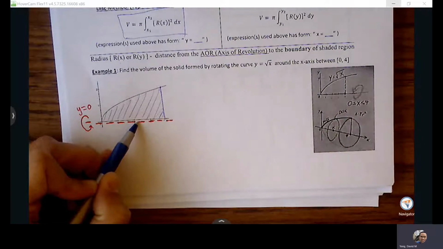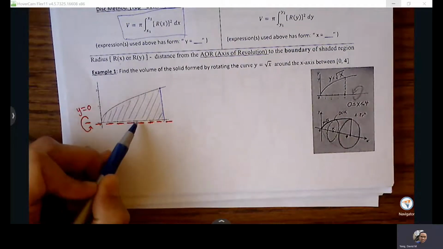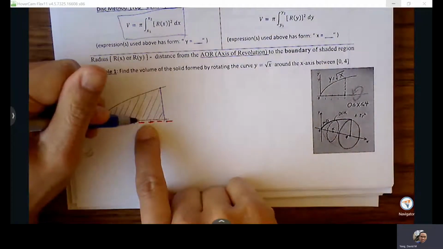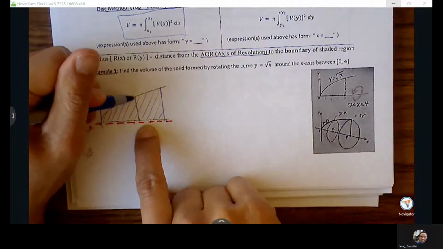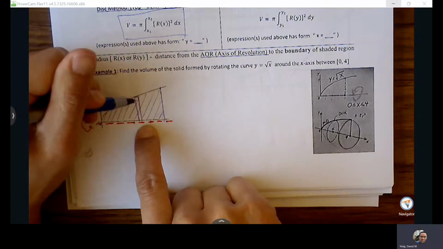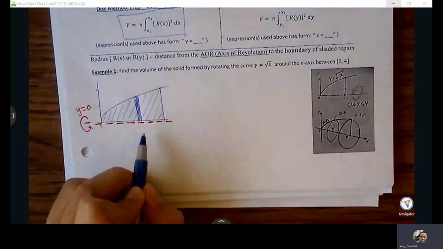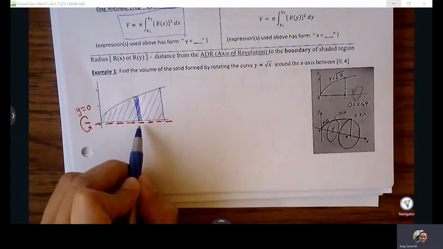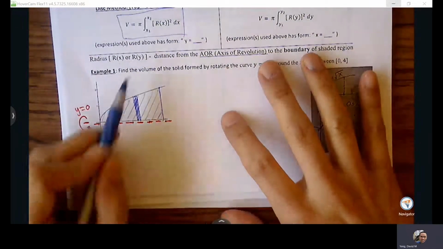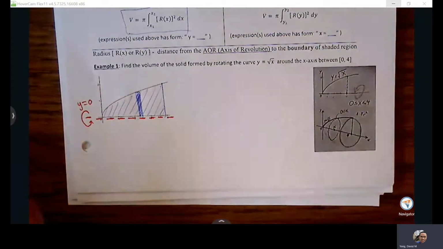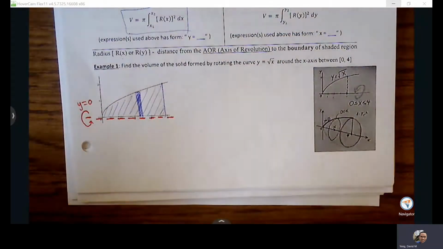You're just connecting that distance, but start on a dotted line, and from the dotted line, extend to the boundary. Whether it's up or down. In this case, the boundary is above, so we're going to extend up. Now that's called a radius.